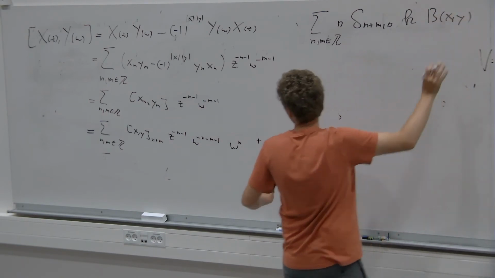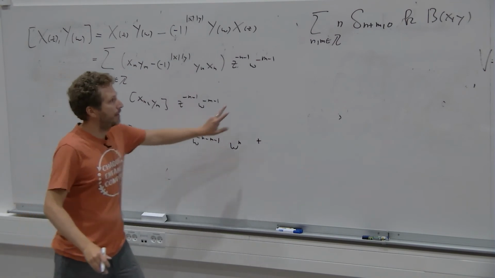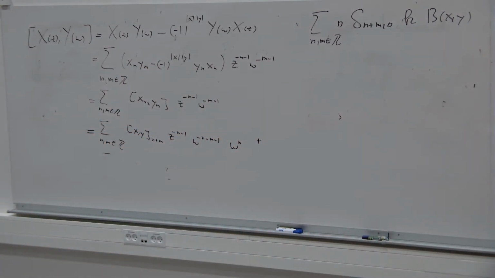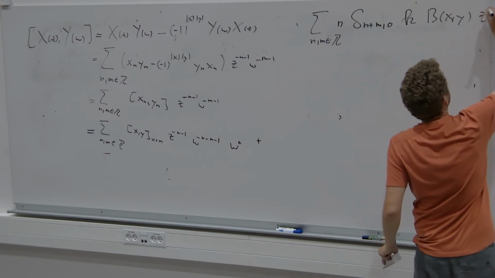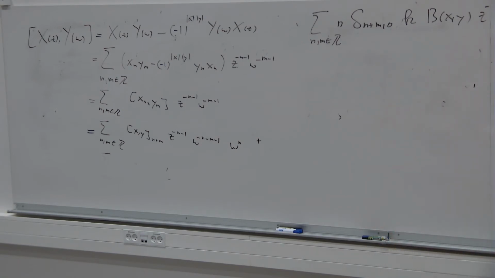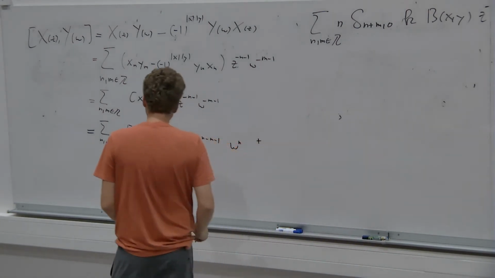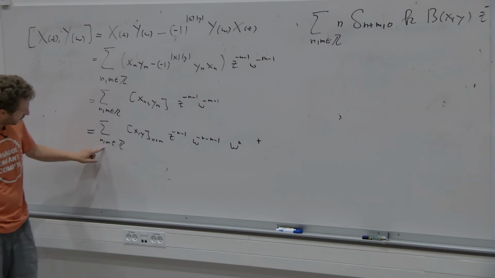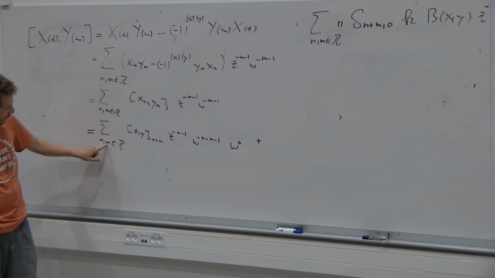So up to now, I just plugged in the formula for the commutator. And now let's look at this sum first. First, I can define a new index, and I replace m by n plus m.